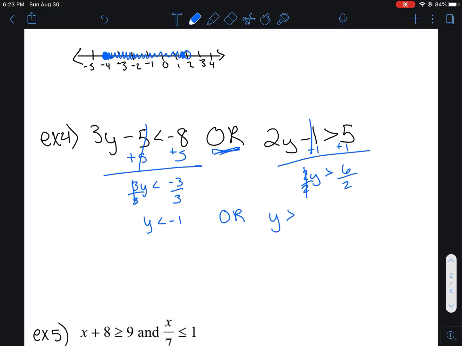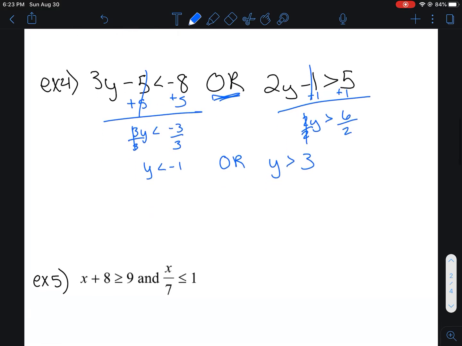All right. So anytime that you have an or statement, they should be pointing in opposite directions. So your negative or smaller number should be pointing to the left, and your bigger number, typically positive, should be pointing to the right.